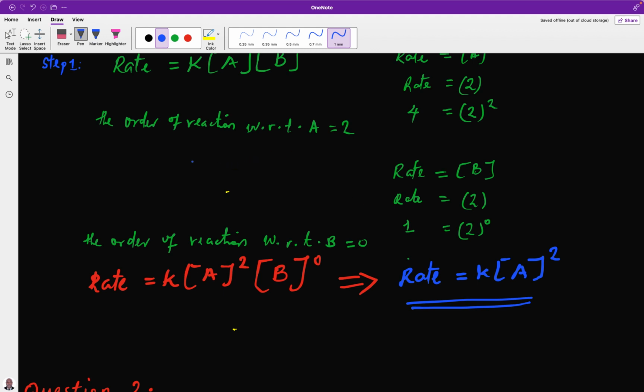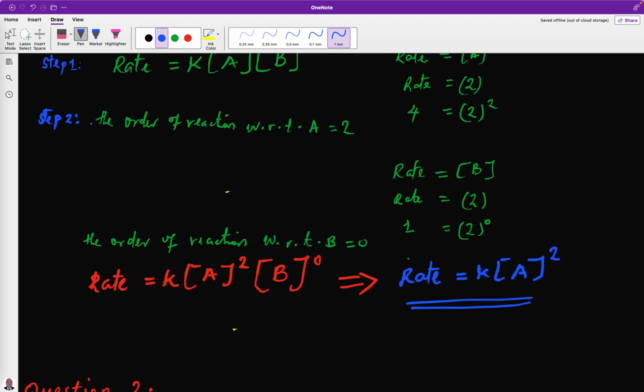This is step number 2, determining the orders.